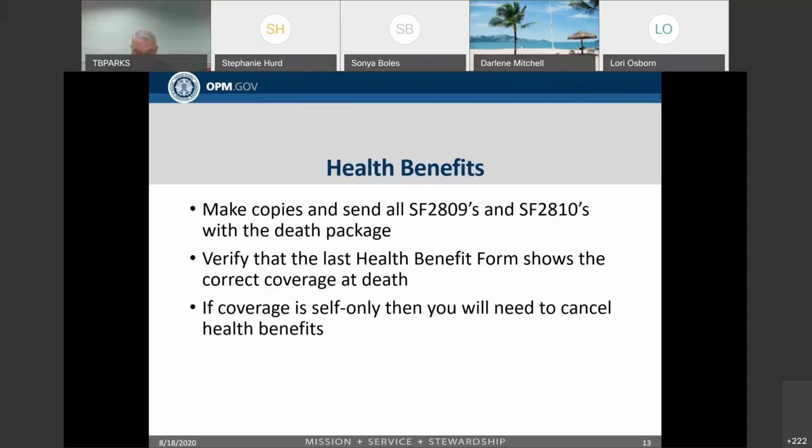You would mail copy 1 to the nearest relative, copy 2 to the carrier, include copy 3 in the death package to OPM, and file copy 4 in the OPF. If the employee never had HB, then you could just leave the forms in the OPF, and perhaps those forms declining coverage are in the OPF. You know, we wouldn't need them if they didn't have health benefits at the time of death.